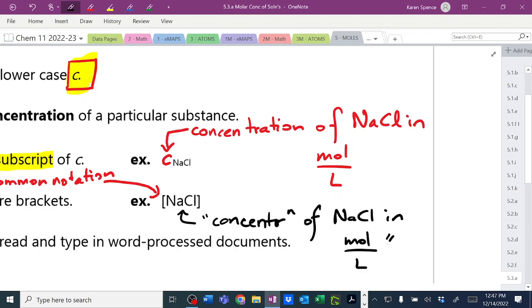So this is way easier to type, and quite frankly, it's probably easier to write as well.